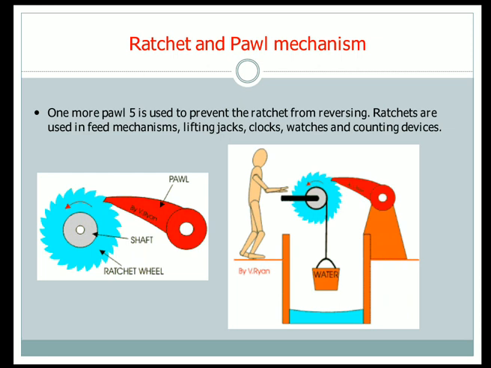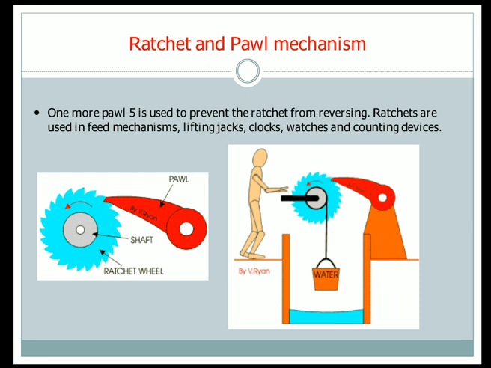But when the ratchet wheel is allowed to rotate freely, that is when the person releases his hands on the rope, then the pawl will lock the ratchet and it will not allow the ratchet to rotate in clockwise direction.